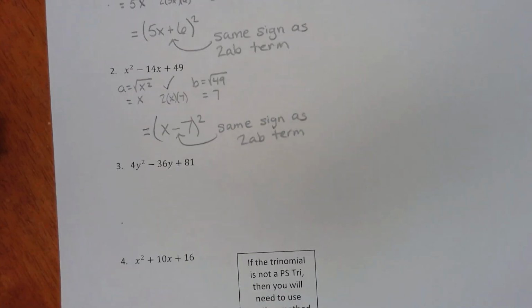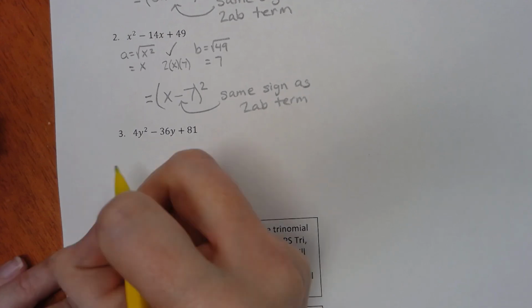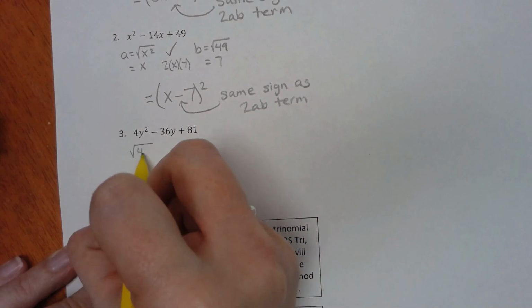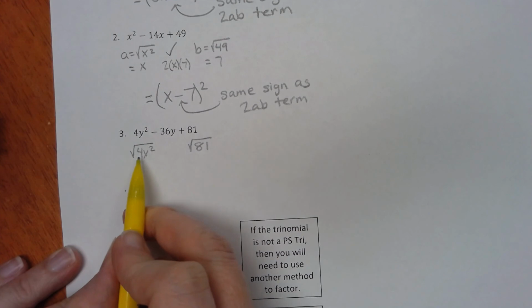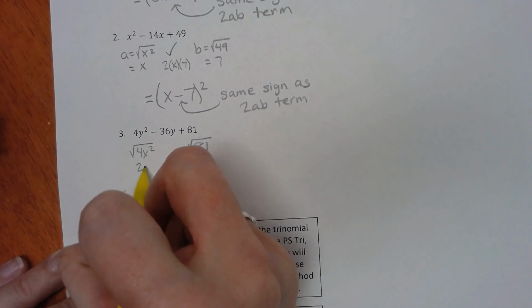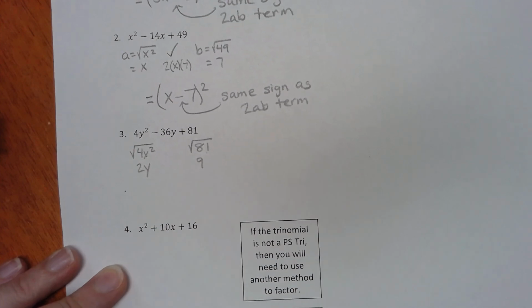Let's take a look at number 3 now. Again, we notice the first term and last term are perfect squares, so let's take the square root. The square root of 4y squared gives us 2y. The square root of 81 gives us 9.